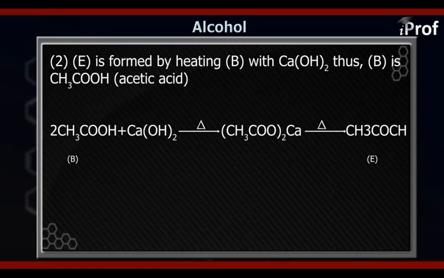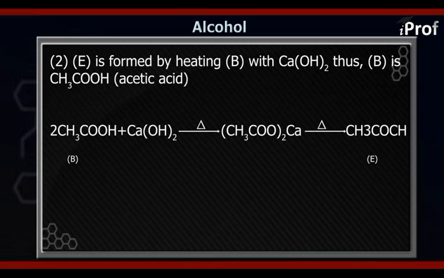So therefore you can say that in the B structure you must have a CH3 group, because eventually this B structure is giving you an E structure when you are heating it with the calcium hydroxide, which is nothing but the pyrolysis reaction. So therefore in the carboxylic acid B you must be having a CH3 group.